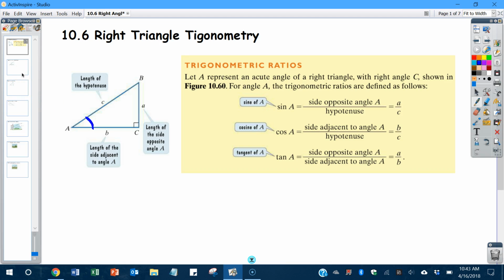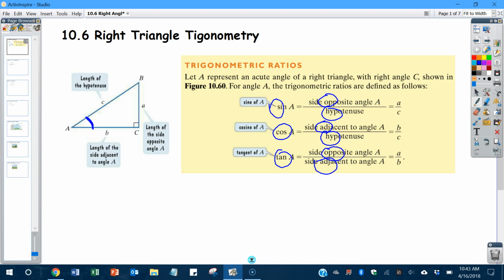One mnemonic that's going to help us out uses these letters here. We have sine, opposite, hypotenuse; cosine, adjacent, hypotenuse; and tangent, opposite over the adjacent.